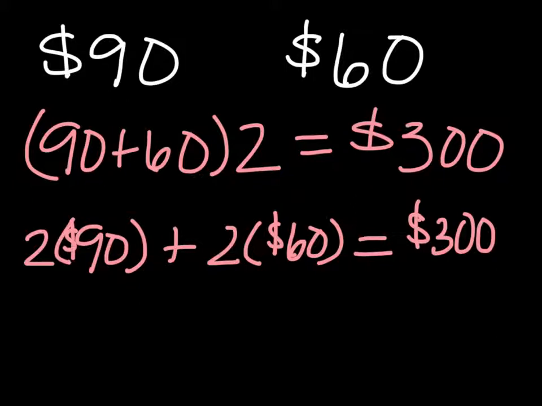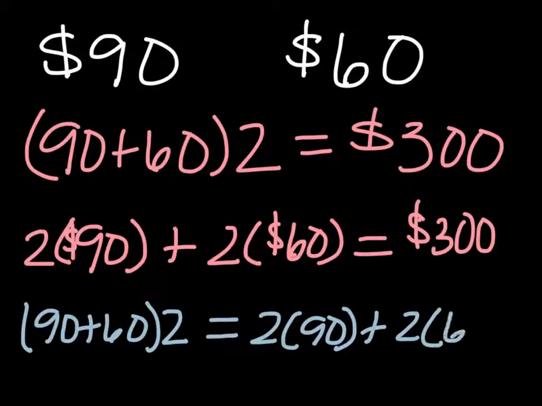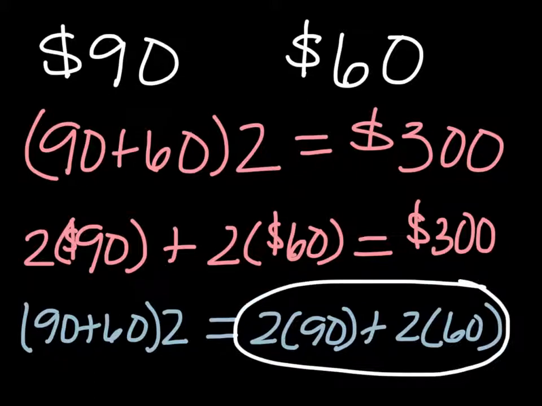So our two equations here, 90 plus 60 times 2, and 2 times 90 plus 2 times 60, are equivalent numerical expressions because they have the same value. This expression shows us the distributive property because we've literally distributed our 2 first to the 90 and then to the 60.